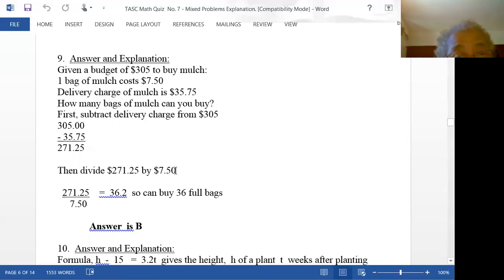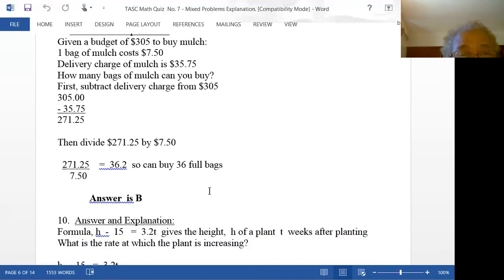Well, we can find out by dividing. $271.25 divided by $7.50 gives you 36.2. We cannot buy partial bags, so the question was how many full bags, and the answer is 36, which will be answer B.